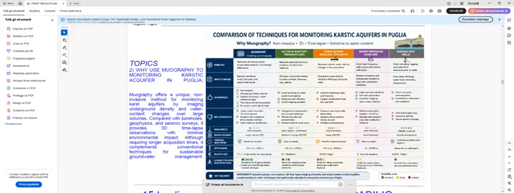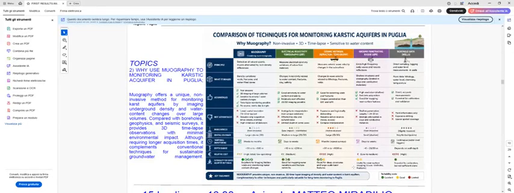It is excellent for imaging hidden voids and monitoring water content change. Muography provides unique, non-invasive 3D time-lapse imaging of density and water content in karstic aquifers. The technique is particularly valuable for long-term monitoring in Puglia.